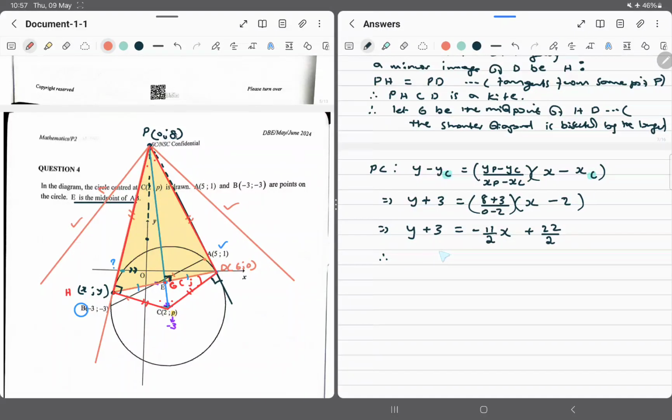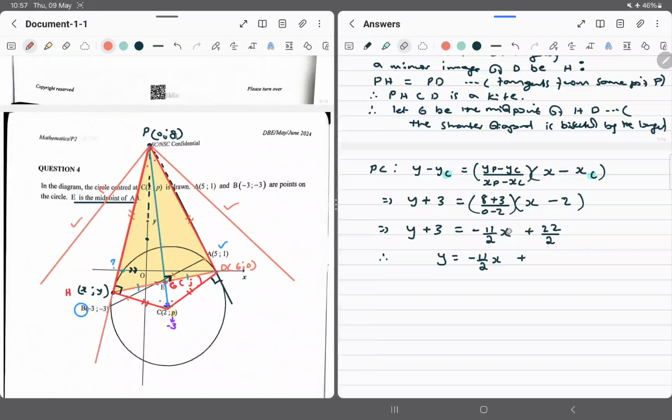And then we can say therefore y is going to be minus 11 over 2 x plus, if it is a plus, definitely it's going to be a plus. So let's just say minus 11 over 2 times minus 2, before I make a meal. You see, I made a big meal there.